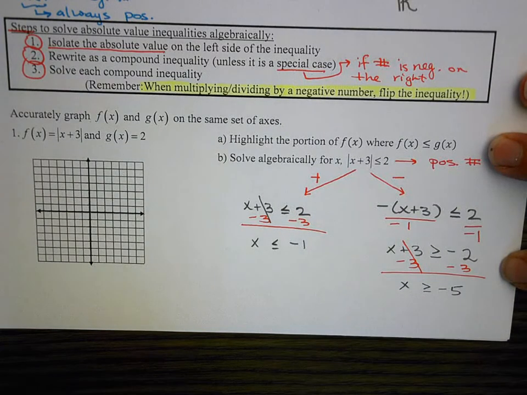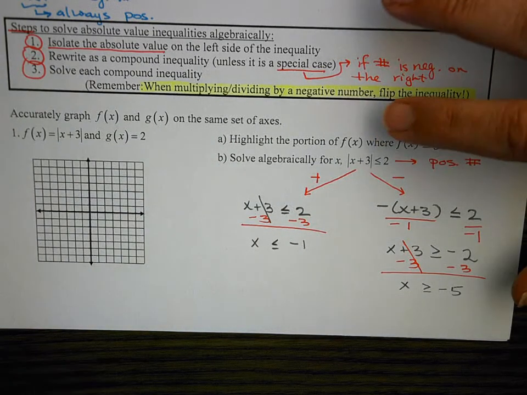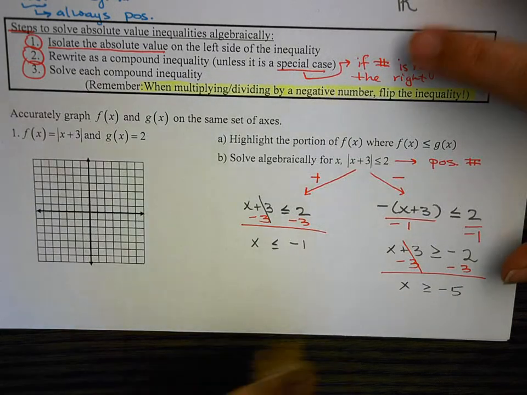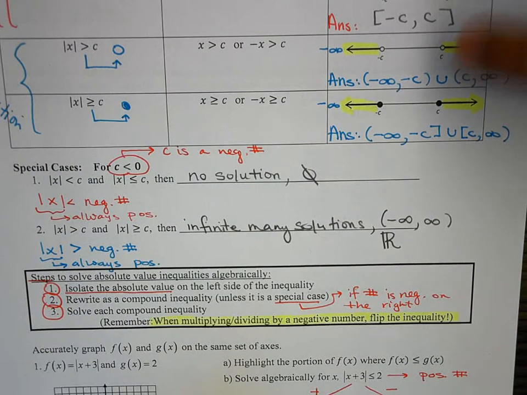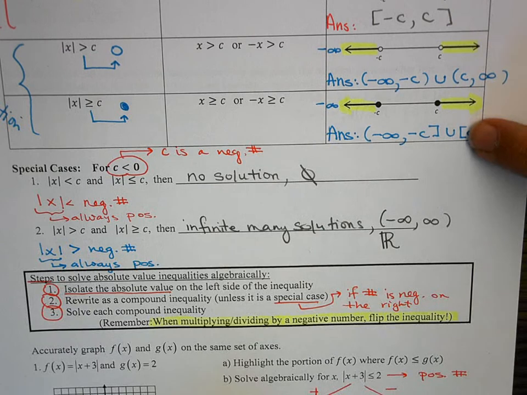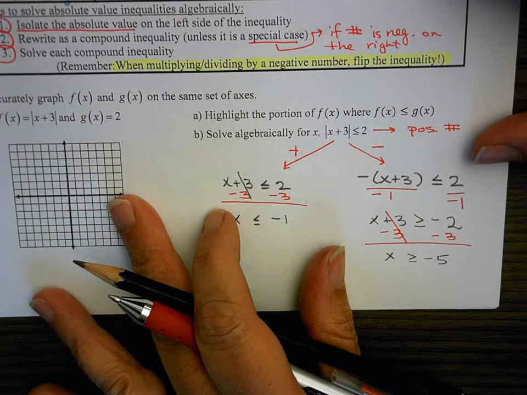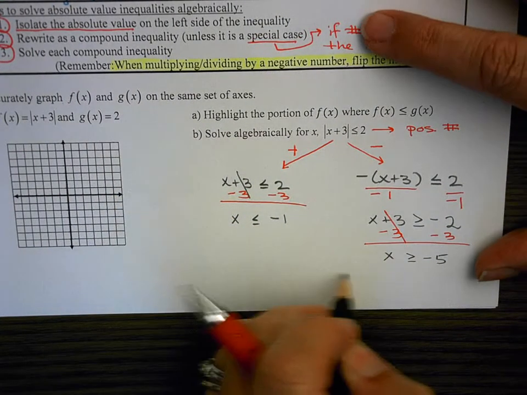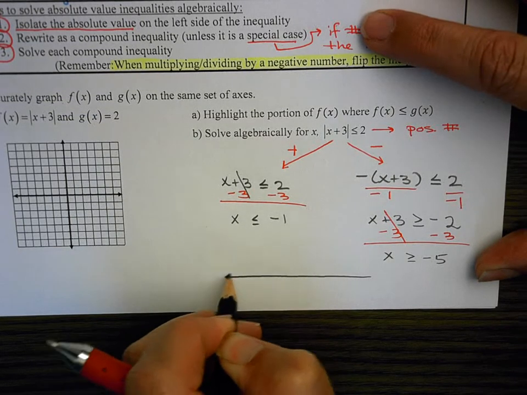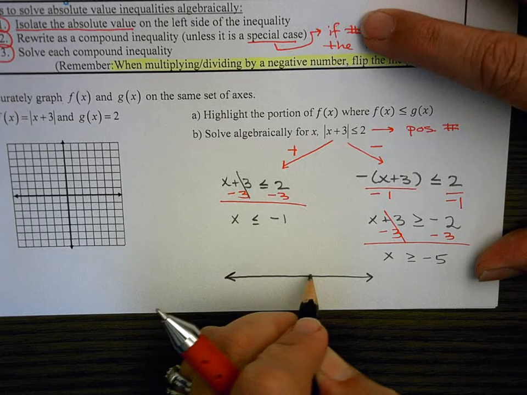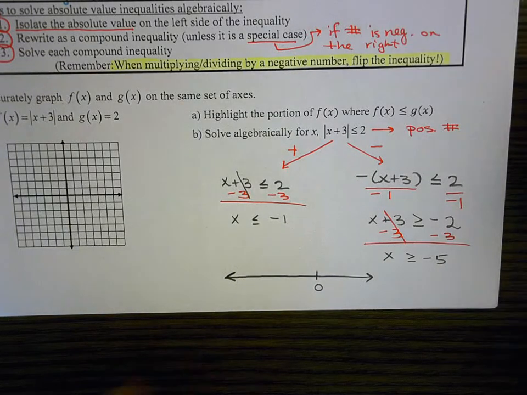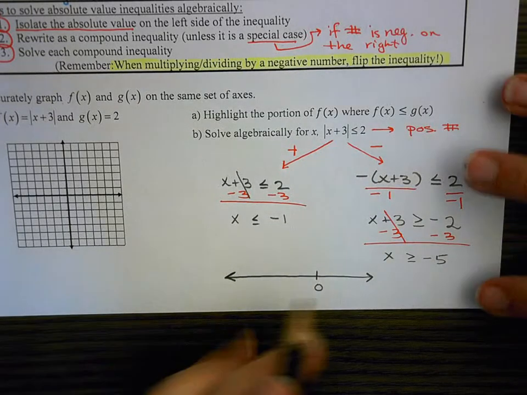Okay? So if I take a look at setting up my number line, I have to have both my number line and my interval notation. So I need to have both of those. Okay? So when I set up my number line, I'm just going to mark 0 here. I usually mark 0, you don't have to, and then I'm going to mark both my numbers.